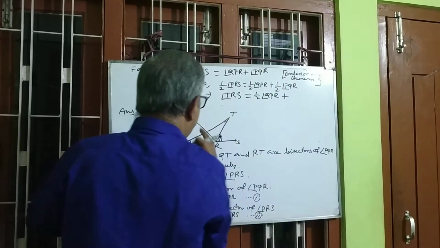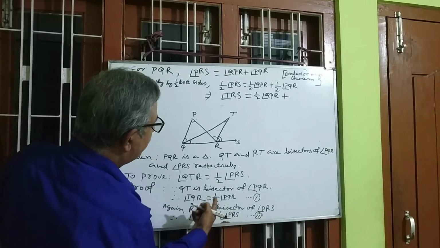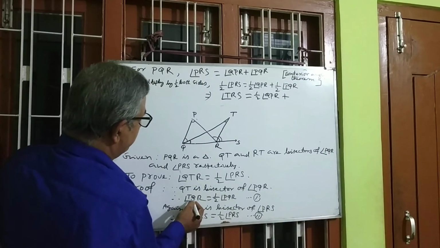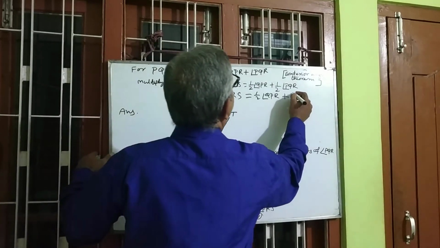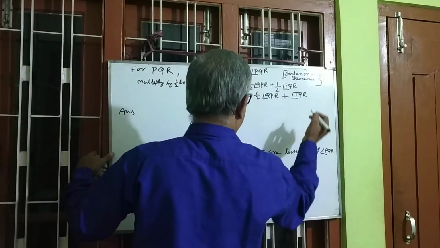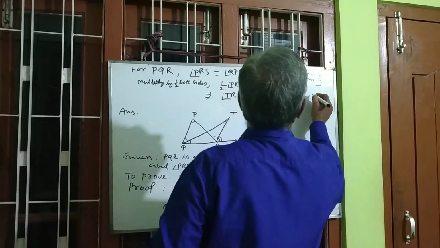And half of PQR is equal to TQR. I am writing here TQR. This is equation number 3.